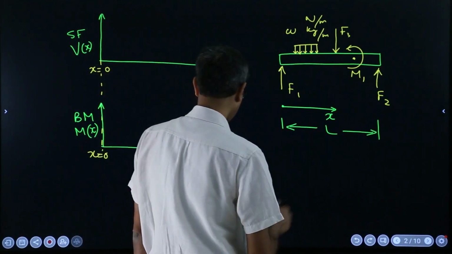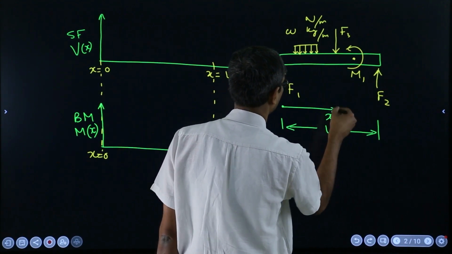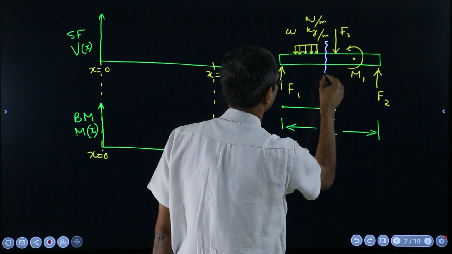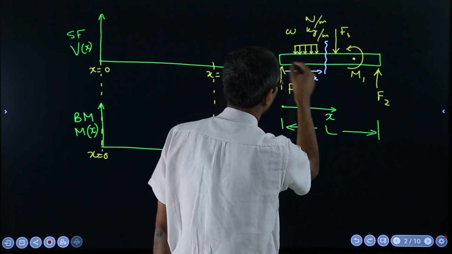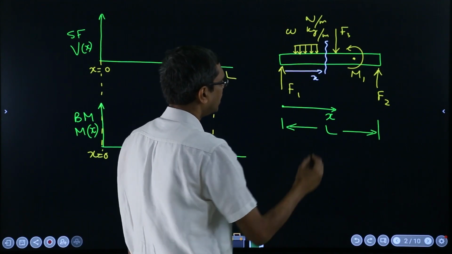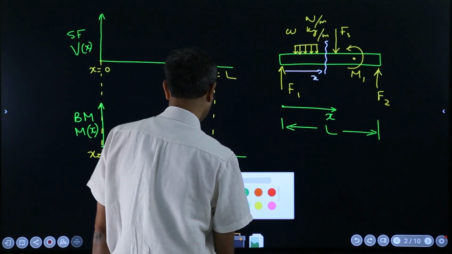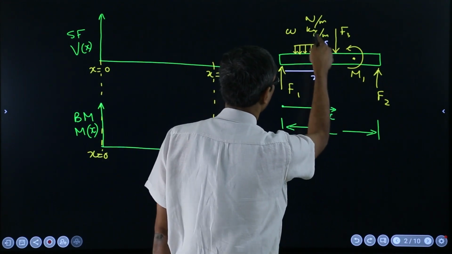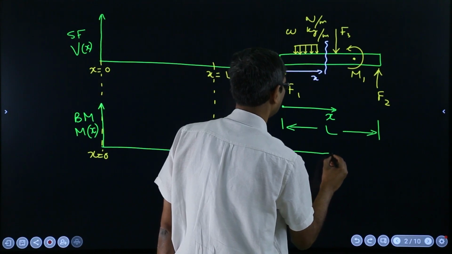Suppose I come to this location at x, and suppose this distance is x from the origin. Now if I draw the free body diagram of this portion, it will look something like this, right?